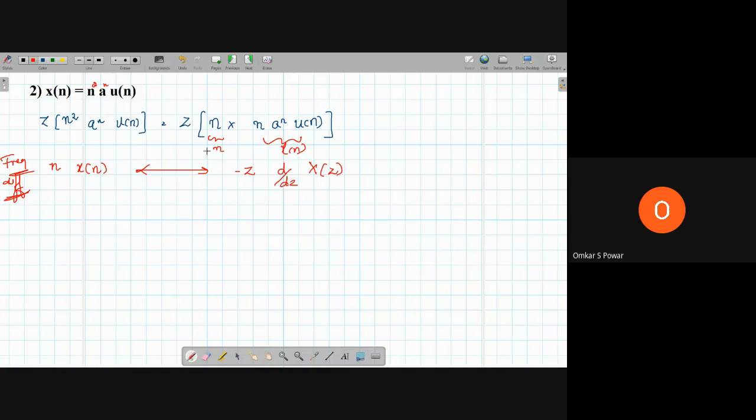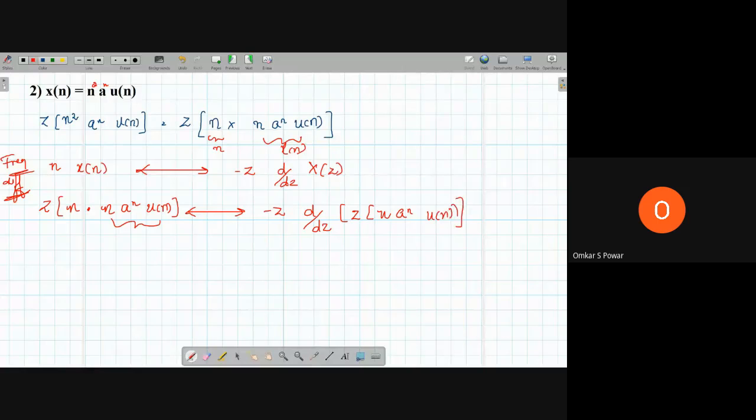So now your n x of n we will substitute like previously and we will solve. z transform of n into x of n is nothing but n a power of n u of n. So you can express this as minus z d by dz of x of z, where x of n is a power of n u of n.